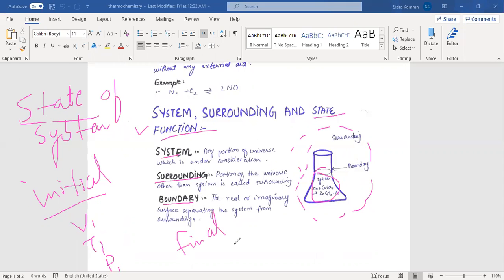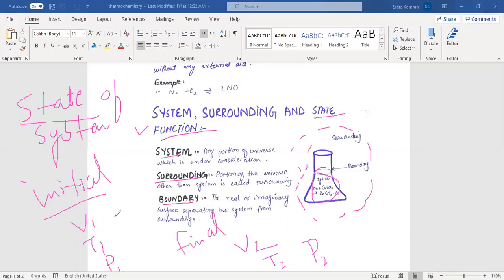Final state means V2, the final volume, T2, the final temperature, and P2, the final pressure. So these are the final states of the system. Basically, the change between the initial and final state of the system is called the total state of the system.